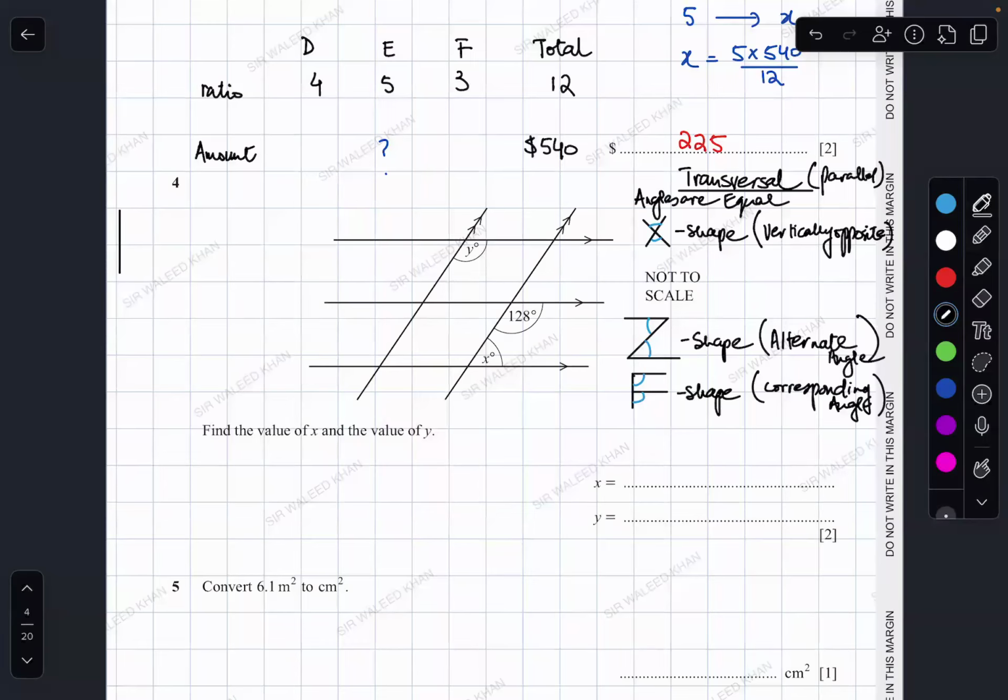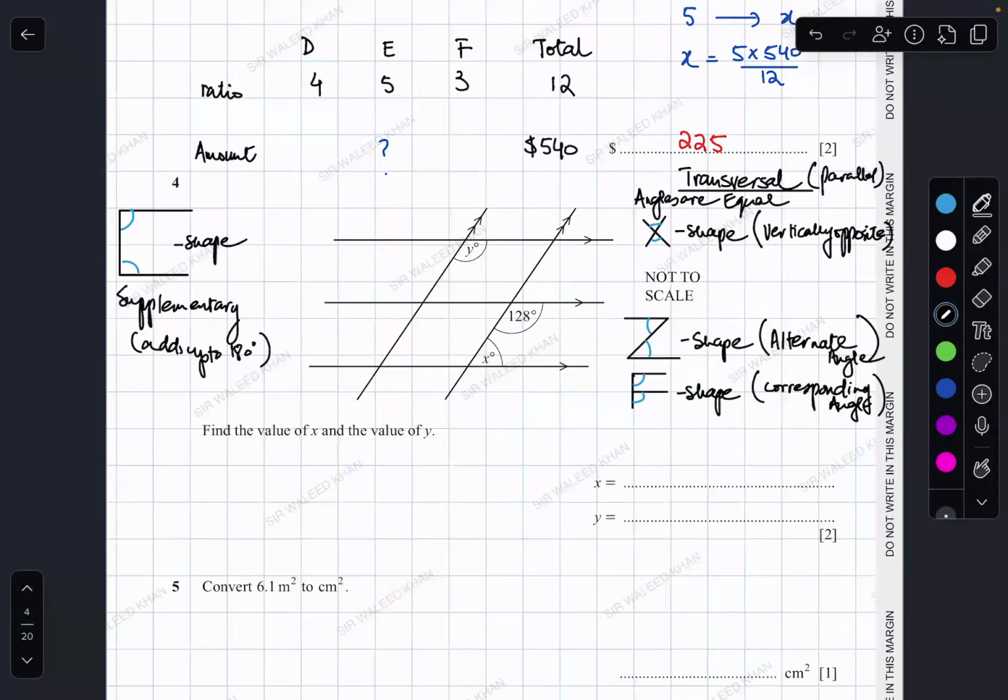This is in a C shape, like a box, and this can also be a bit slanted. So you have to look for such kind, and they are made between parallel lines. This is called supplementary angle. C shape, supplementary. And they add up to 180 degrees.